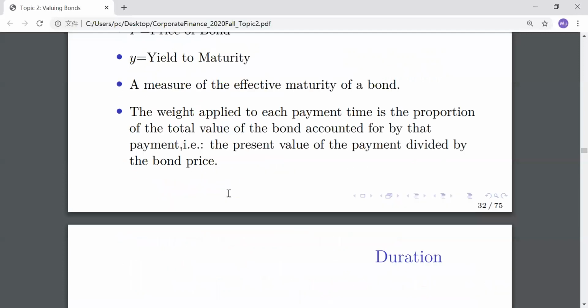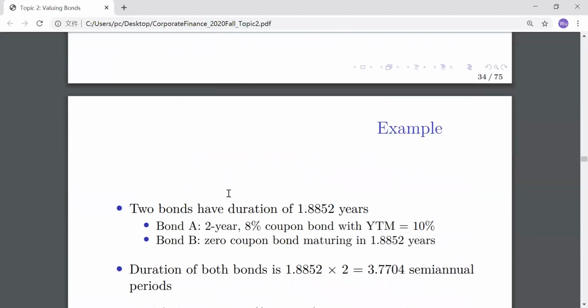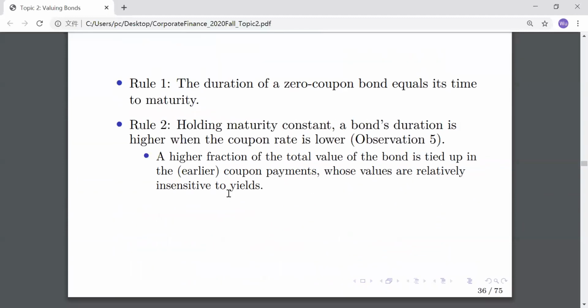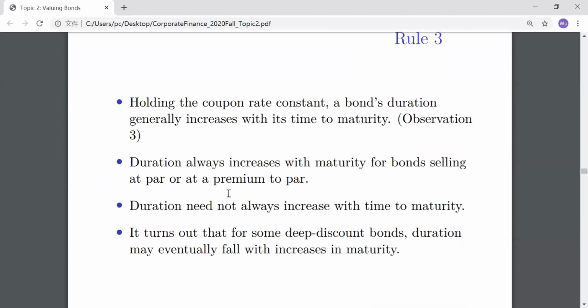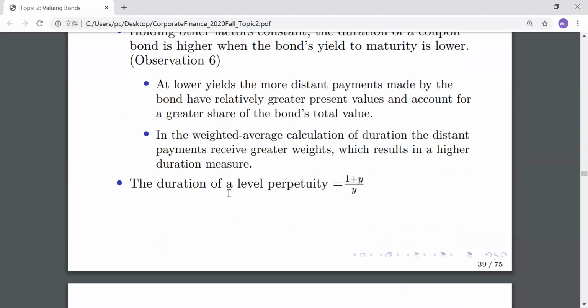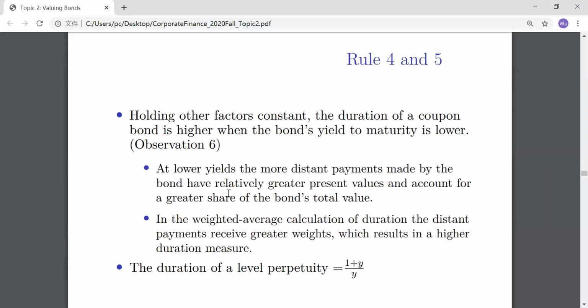It is for all the payments, but for the more distant payments, that weight becomes even bigger. So when we calculate the duration measure, the distant payments receive greater weights, and this will give you a higher duration measure. The reason is that if you have lower yield to maturity, the weight is high.